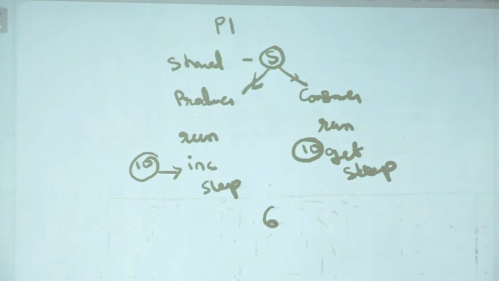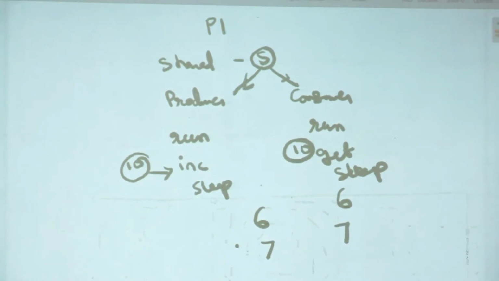The producer is going to produce and go to sleep. So the get method is going to get 6, and this process will go on. Then hopefully 7, maybe. Let's see what we get.